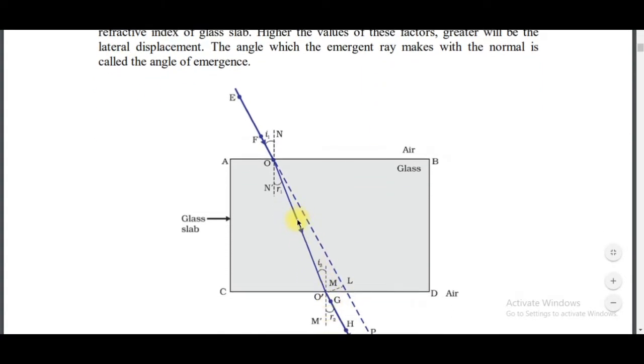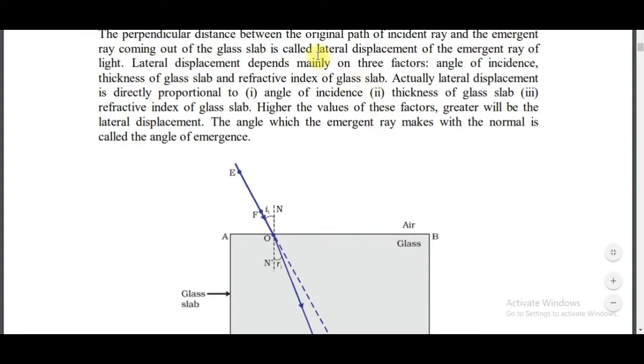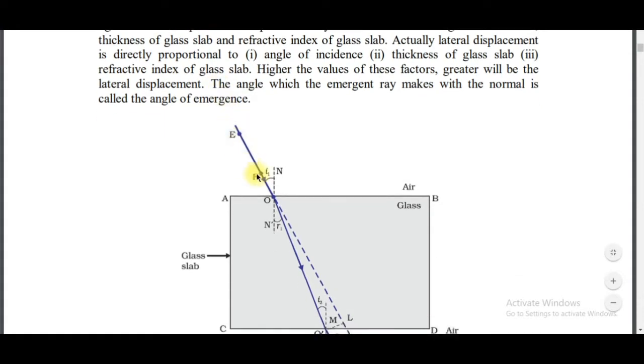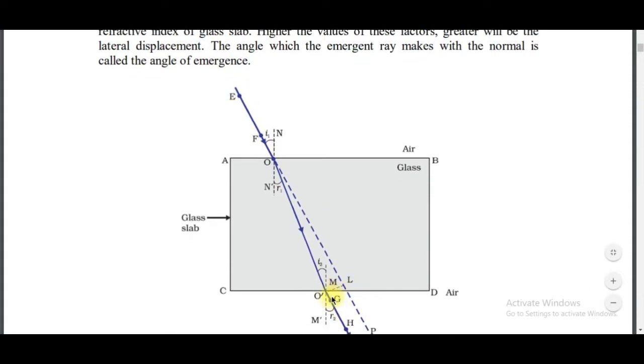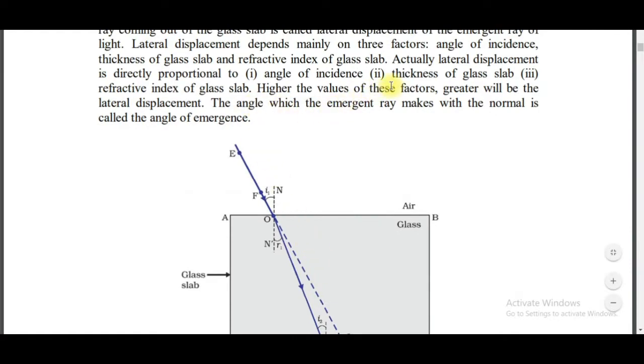When the incident ray comes like this, it gets refracted and moves here, but when we extend it back, we see that there is some distance between the emergent and the incident ray. That distance is called the lateral displacement of the emergent ray of light.